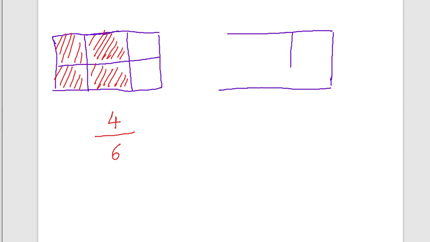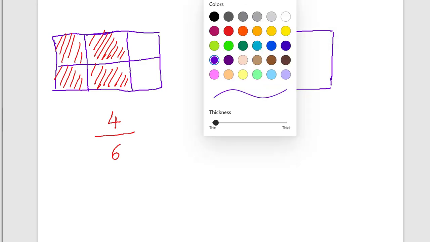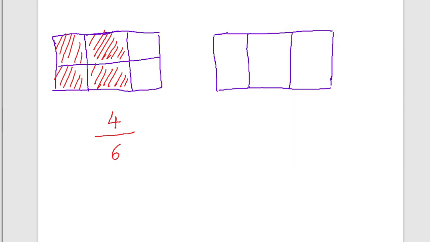And I'm drawing the same shape, exactly the same shape, but this time what I did, I erased this line, this one. So when I erase it, it will be this shape, and I will color the same area.